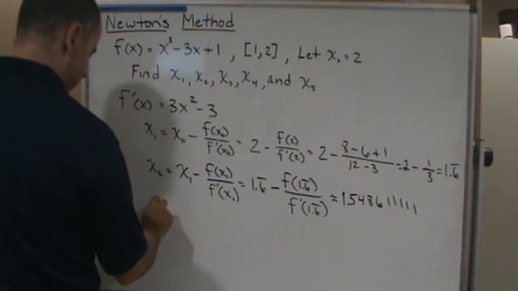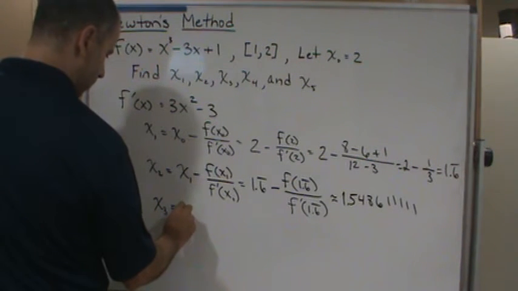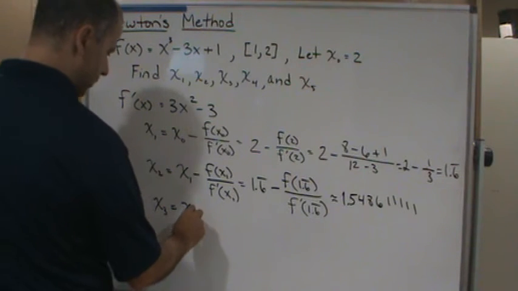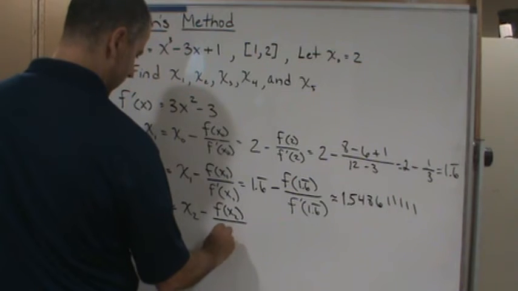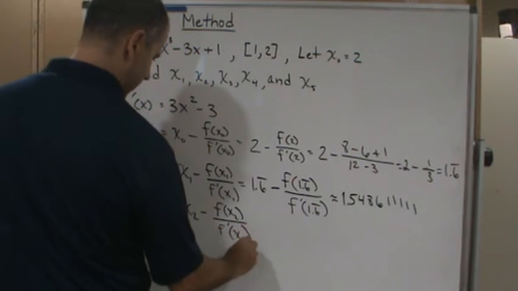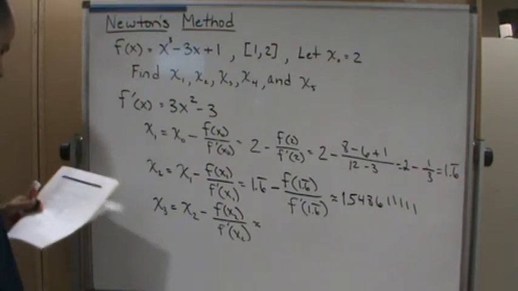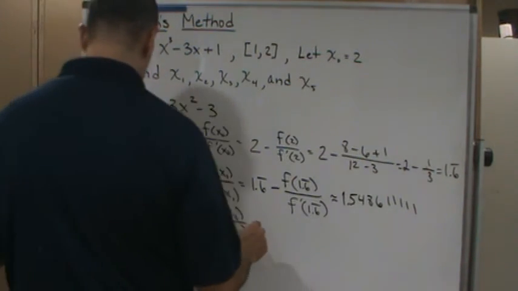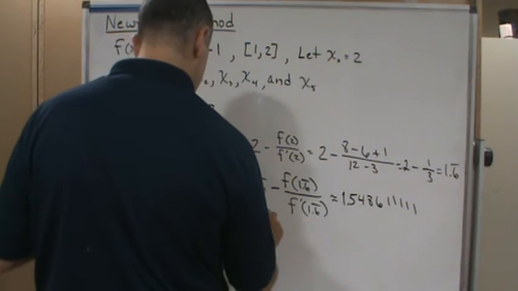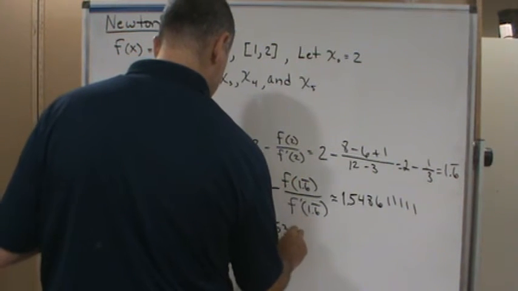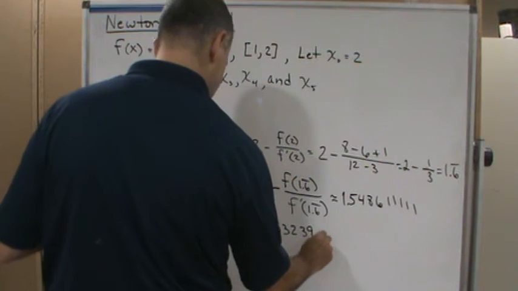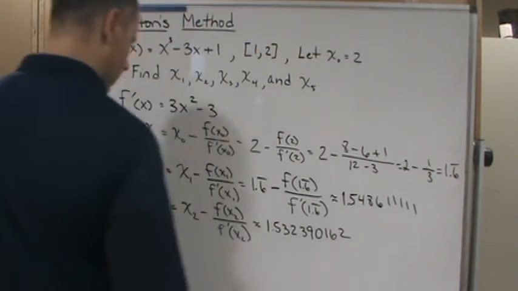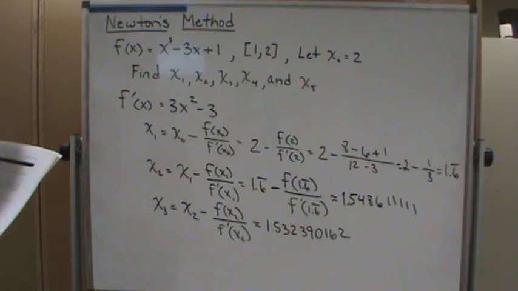And then again, x3 is equal to x2 minus f of x2 divided by f prime of x2. If you put that in your calculator, you're going to get approximately 1.532390162.